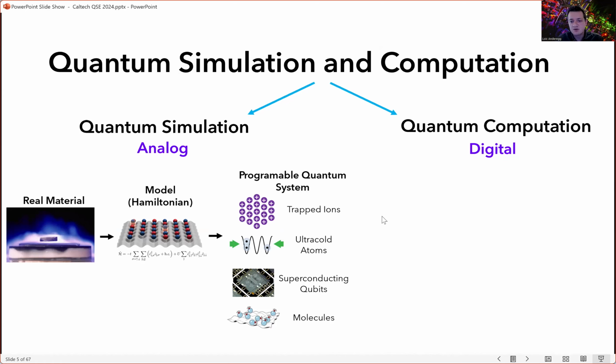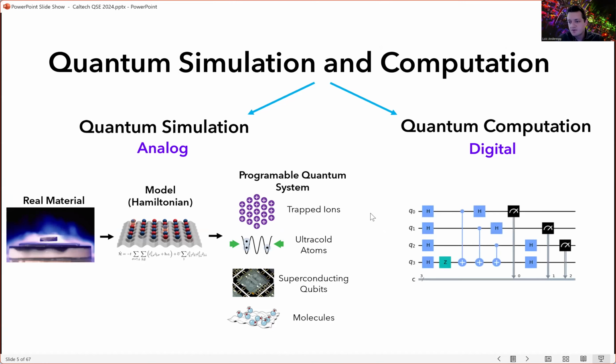The counterpart to this quantum simulation idea is digital quantum computing, where the idea is that you want to engineer some quantum circuit with a set of quantum gates. So this is maybe more similar to how, for example, your everyday computer works.